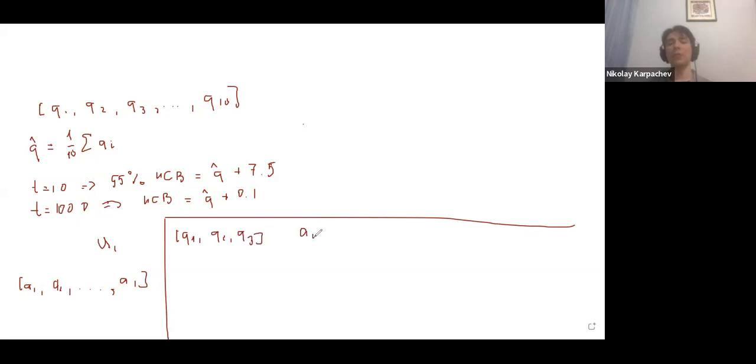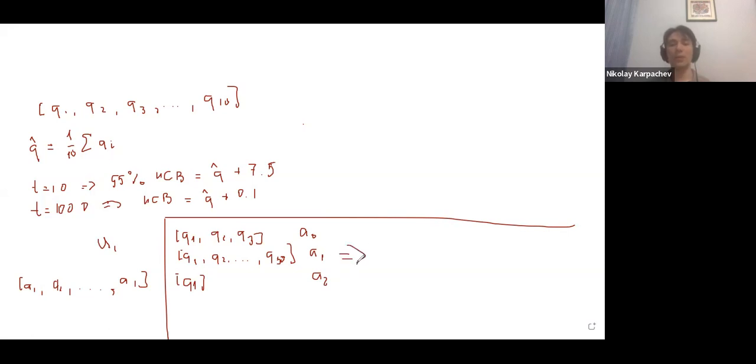For A0, we have Q1, Q2, and so on. Q55 for A1. And we have only one Q for A2. So what goes on in softmax sampling?